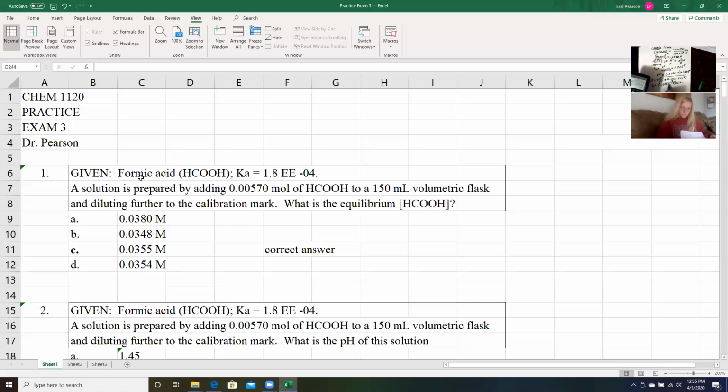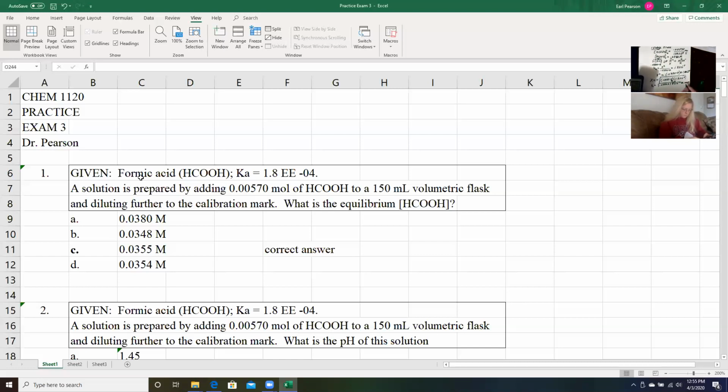So all I have to do is say times, and my calculator says answer times 1.8 with an exponent of minus 4. I get this number. And then I take the square root. So this first approximation is 0.00265 and a bunch of other digits.